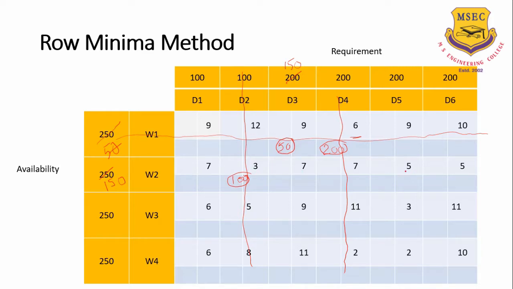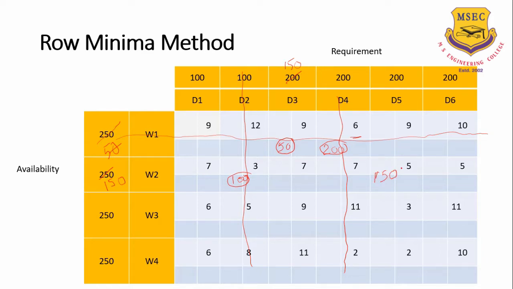I can take this particular cell, that is W2 to D5 or W2 to D6; both have the same minimum value. I can choose any one of them. Now let's say I choose this. 150 units are available, 200 units are required. So I can only transport 150 units.